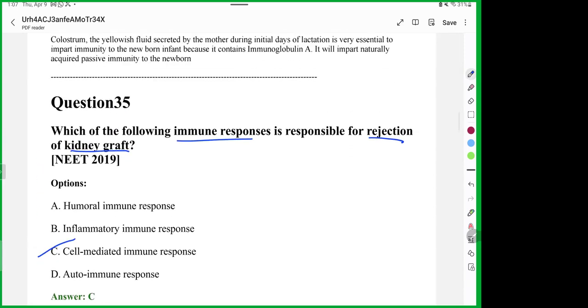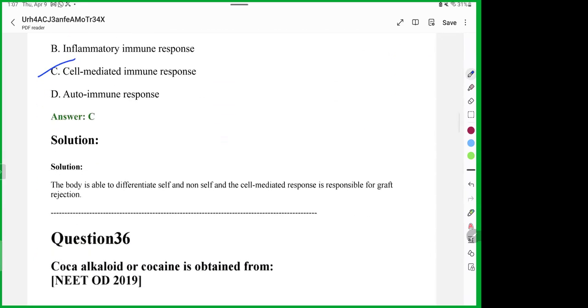Sometimes you don't need to read the full question. You see the important word and instantly you mark. You will feel that sir, why are you going so fast? Because you have to have the habit to read the question quickly, especially when you don't have correct and incorrect options. Correct and incorrect means you can make a mistake. I understand, but here you don't have that. Immune response and rejection were enough for cell mediated.